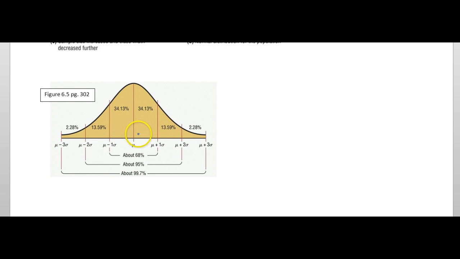If you go one standard deviation to the right and one standard deviation to the left from the center where your mean is, in a perfect world, then you should expect 34 and 34, 68% of the area. In other words, 68% of your data should be occurring between those two. More than half of your data will occur between those 2 points.